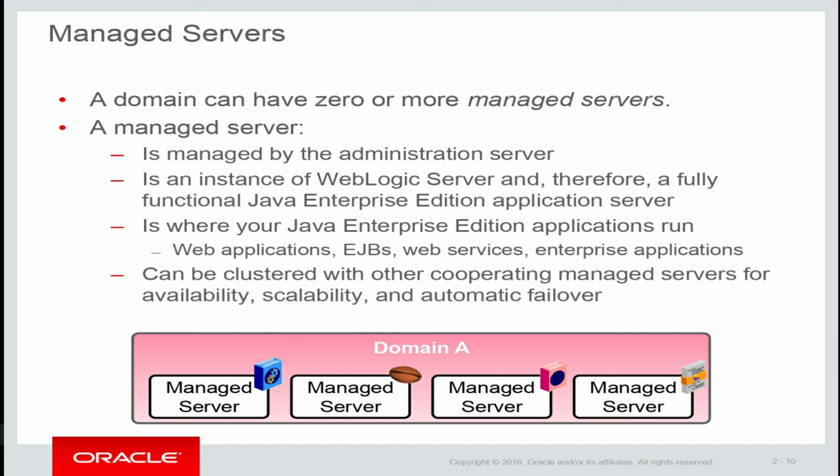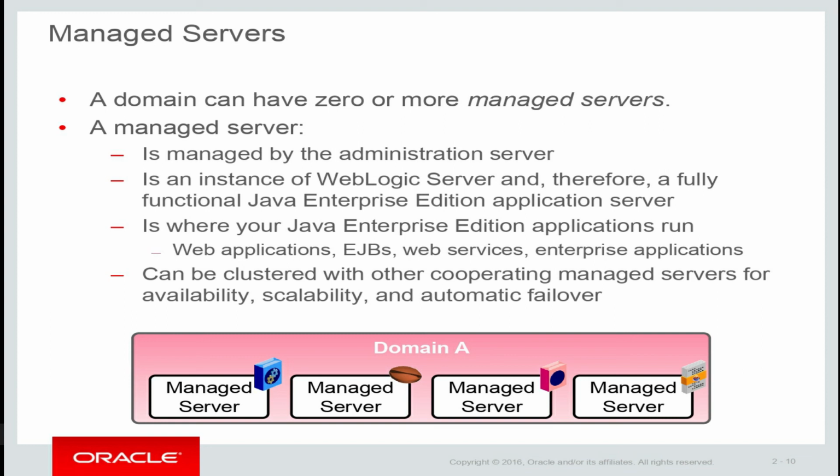If we have multiple managed servers, we can configure them to make connections between them. We can also install multiple applications on multiple managed servers. In the diagram, you can see that in our domain A we have 4 managed servers, and these icons state that they have multiple applications.